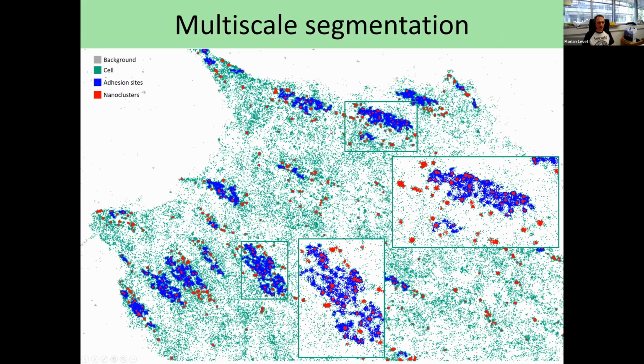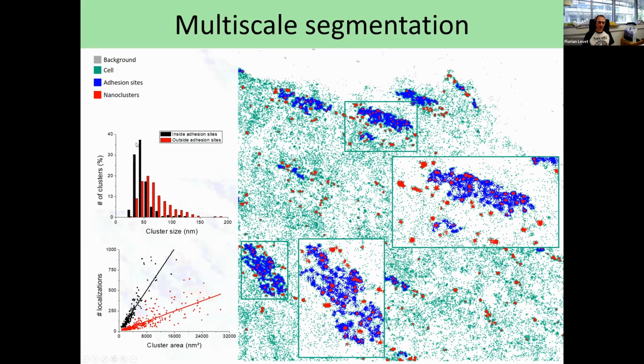And here you can see the multiscale segmentation that I explained here on the whole data, where you can see that every cluster in the background and in the adhesion site were segmented, and that we find that there were different cluster sizes and densities between the background and the ones in the adhesion site.